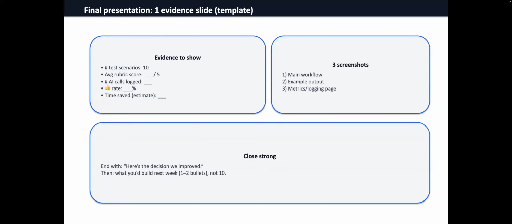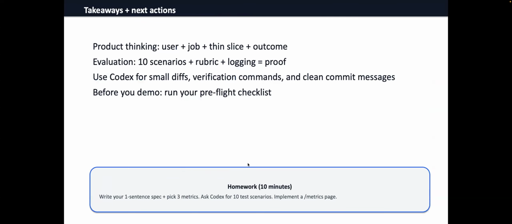For example, you can end with: here's the decision we improved, by how much, and how efficient, right? Then you can build the next steps that you want to improve your final product. Okay, so basically these are the steps you should follow.